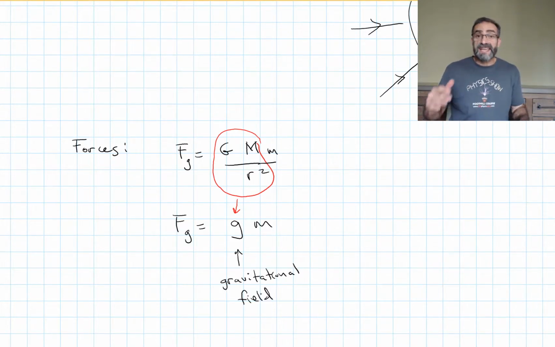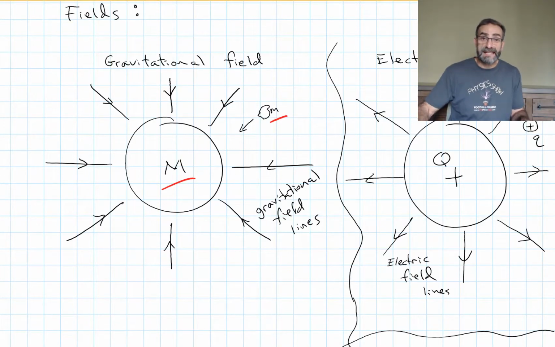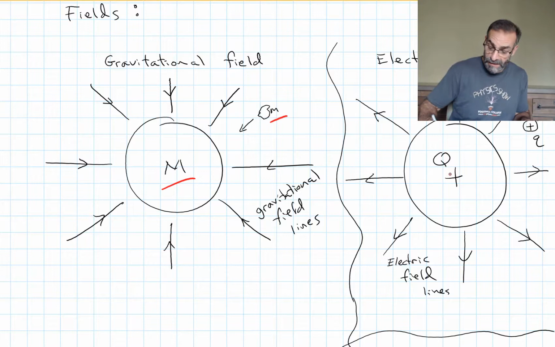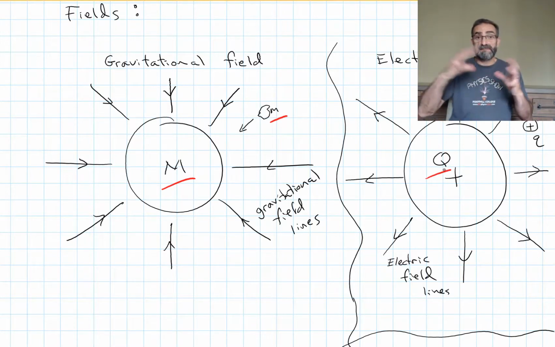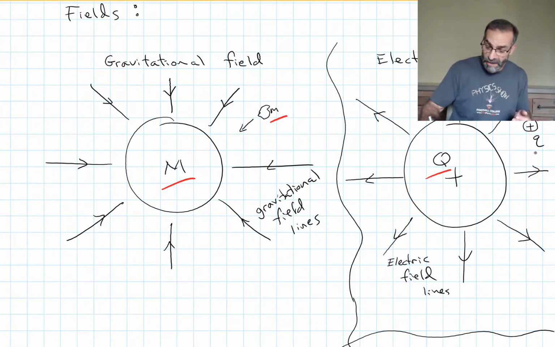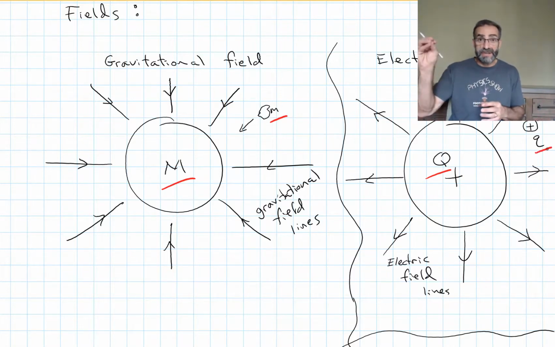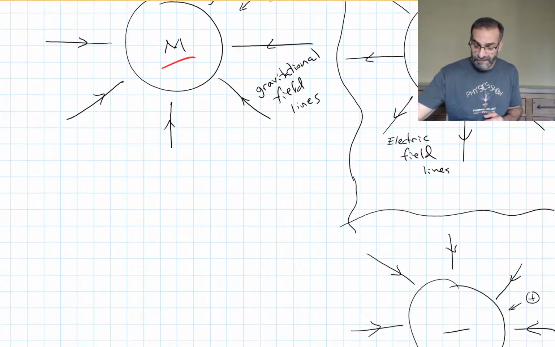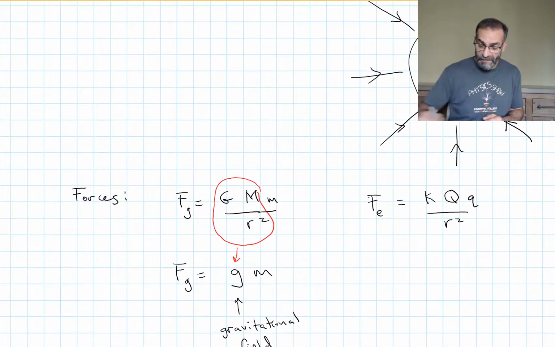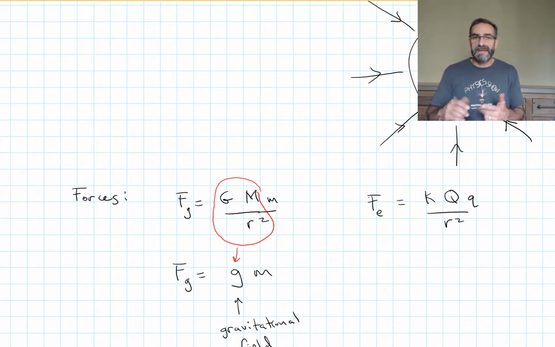Let's do the same thing with the electric force. Just like I did with the mass, I'm going to use capital Q for the charge of the big charge that's creating the electric field. And I'm going to use lowercase q for the little test charge that I'm putting in the field that's feeling the force because of that field. So my force is K Q q over R squared. And I don't want to have to calculate this all the time when capital Q and R aren't changing.